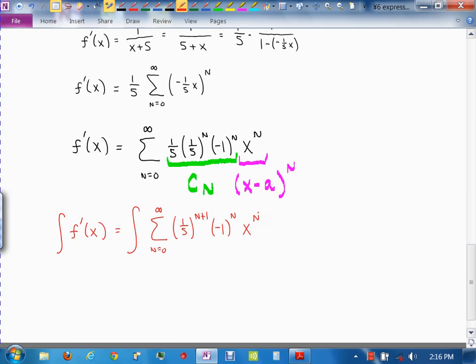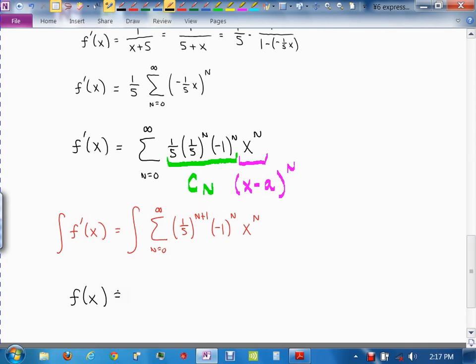The only thing I did here is put that 1/5 and 1/5 to the n together. They were so sad to be apart, so I put them together. And all I did was throw the integral sign in on both sides. If I integrate the derivative, you should get back to f, shouldn't you? So now my left side's going to become f of x, which is what I want.